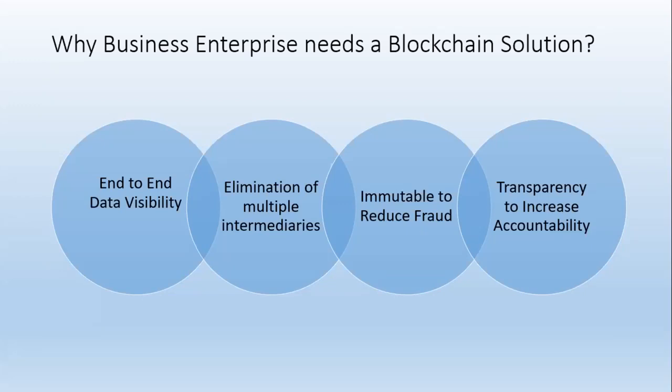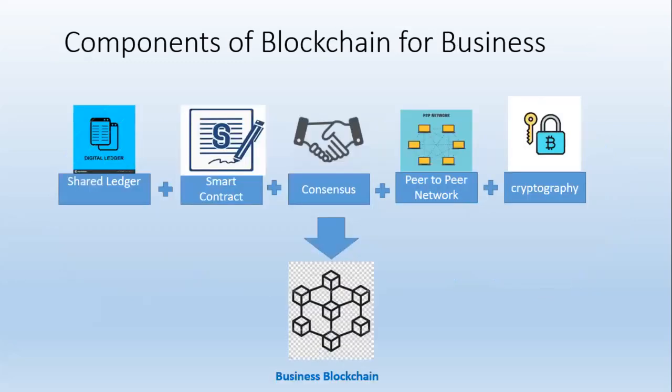So I'll just read out: end-to-end data visibility and elimination of multiple intermediaries, immutability to reduce fraud actions, transparency to increase accountability. So these are some of the important points for a business enterprise to adopt a blockchain solution.